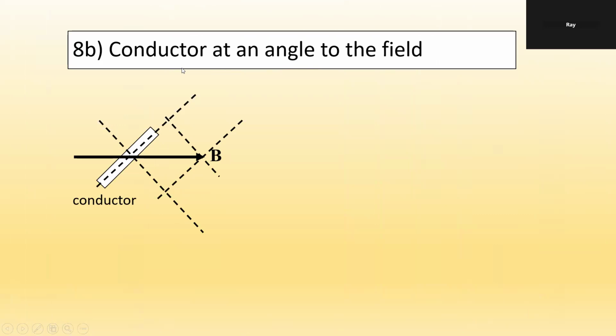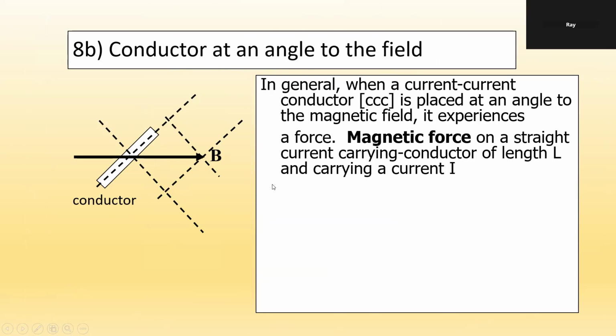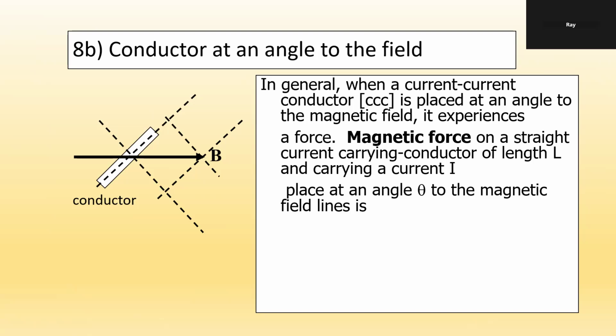If the conductor is at an angle to the field, that's your conductor, that's your field, and that's the angle theta. You still experience a force, but a smaller force, depending on the angle. That's your current.